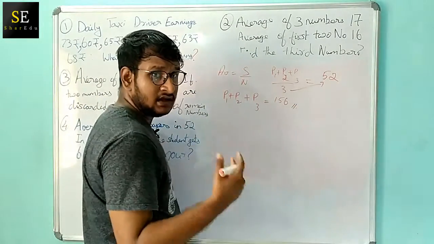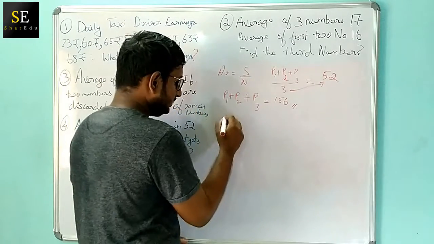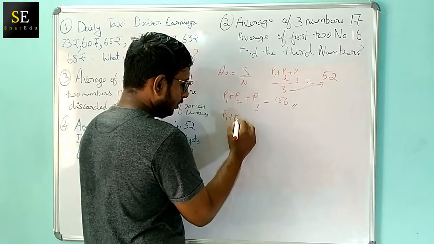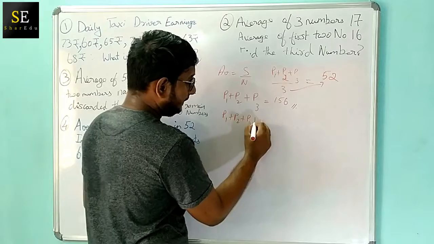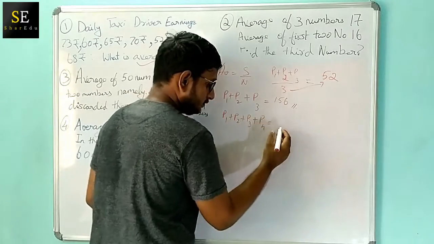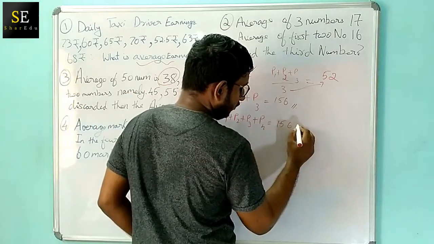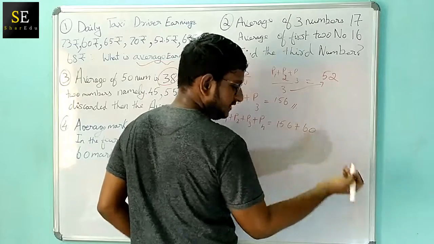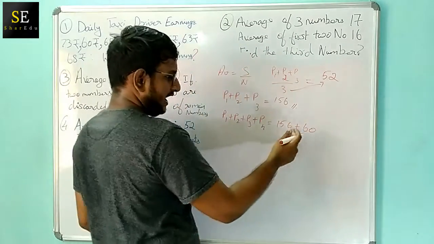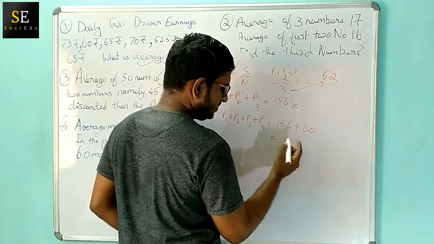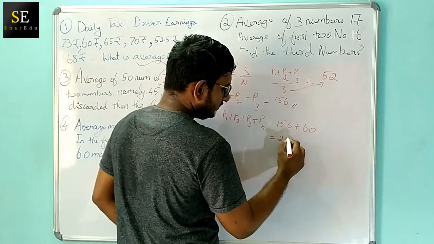Now the fourth paper comes into the picture: P1 plus P2 plus P3 plus P4. In the fourth paper he gets 60 marks. If we add 60 to 156, we get 216.